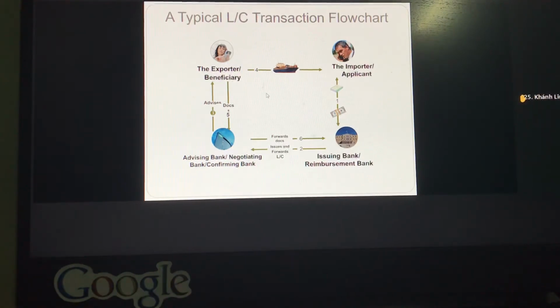I think maybe it has risk when shipping goods. Some risks when you ship goods, like it lost your goods. Actually, in this case there are no goods at all. Nothing from the exporter to the importer.